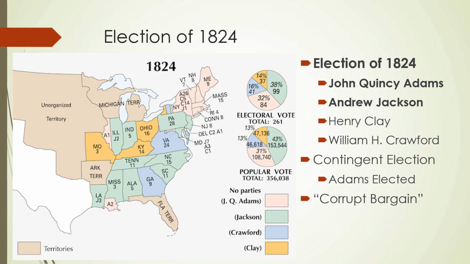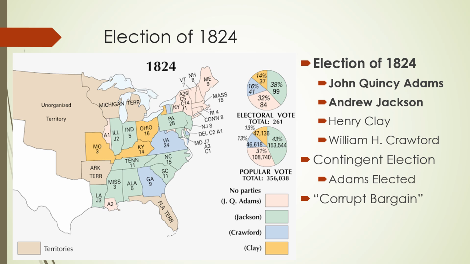So they have the election, and look what happens. The vote gets split four ways. In the South, you get a little bit of a split between Crawford and Jackson. In the West, you get a split between Jackson and Clay.